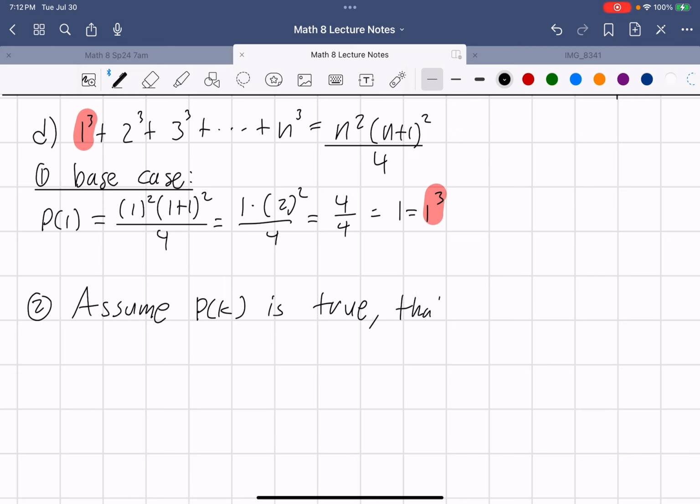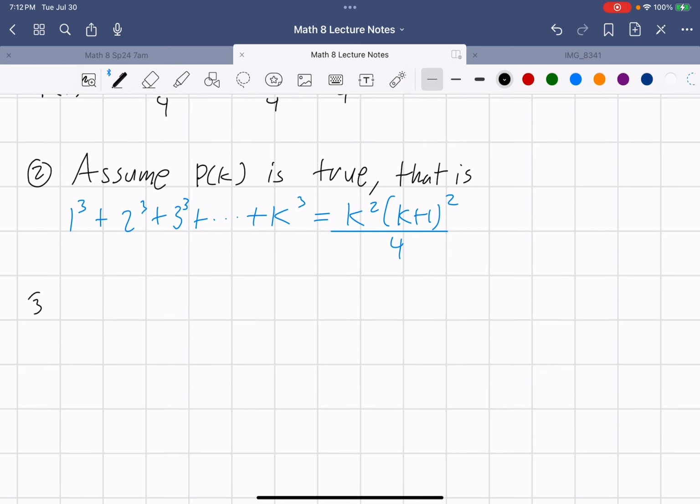That is, and I'm going to show what that would look like, it's 1 cubed plus 2 cubed plus 3 cubed plus dot dot dot plus k cubed, not n, it's k now, is equal to k squared times k plus 1 squared, all over 4.